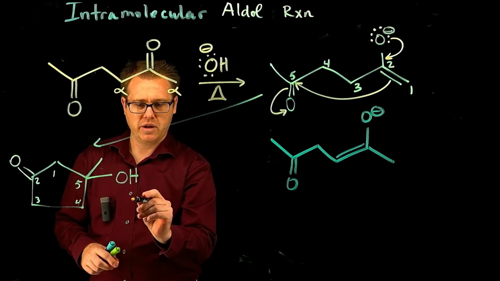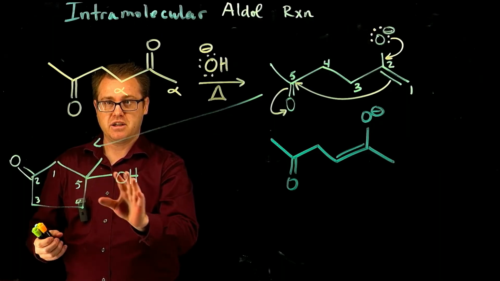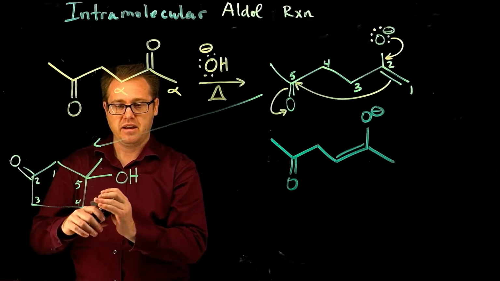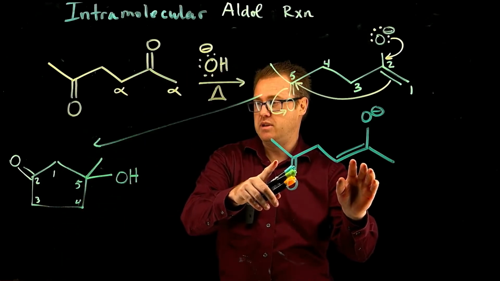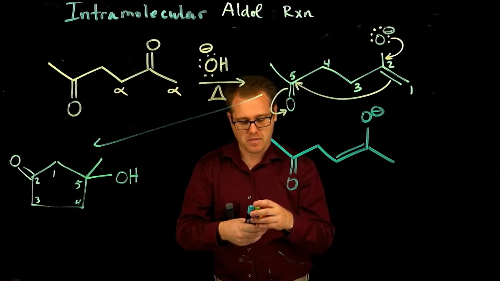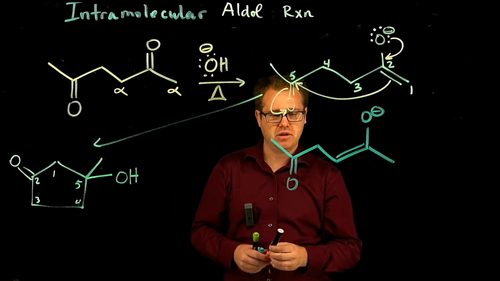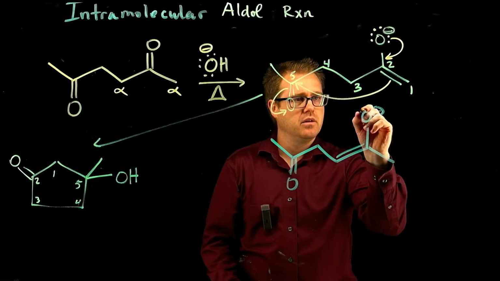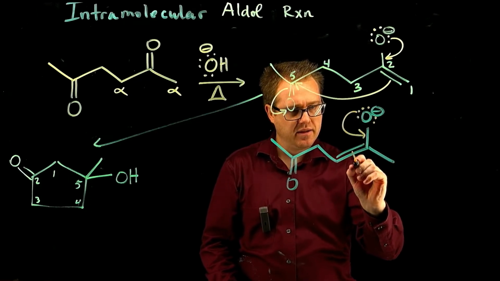And so we are going to, well, let's not worry about the dehydration right now, okay? Let's just look at this one now. Now what would happen with this one in blue? We would do the same thing.